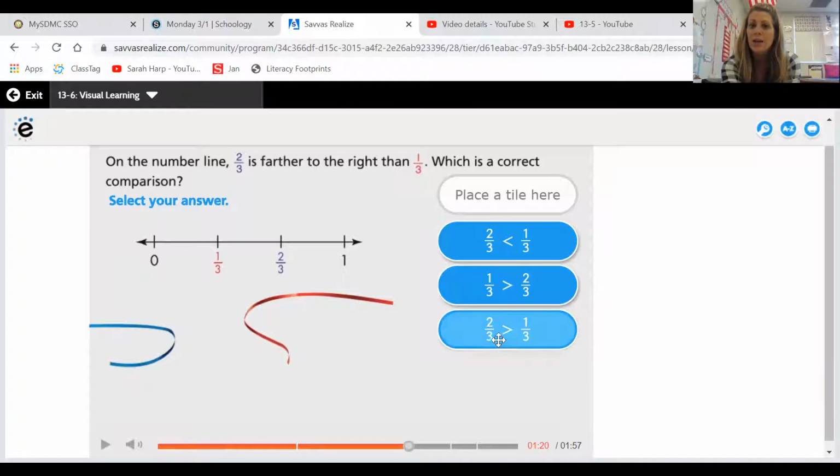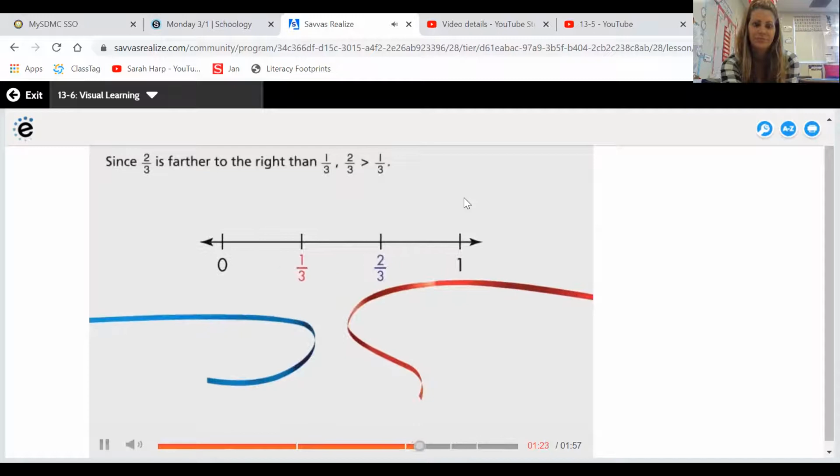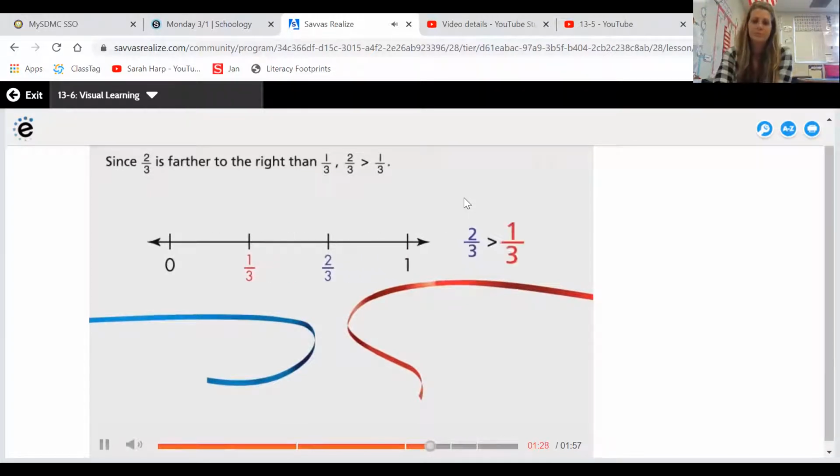Well, I know if the denominators are the same, I look at the numerators, I pick the greater numerator because that has the greater fraction. So 2/3 is greater than 1/3. Let's see if we're right. Yes. Since 2/3 is farther to the right than 1/3, 2/3 is greater than 1/3.